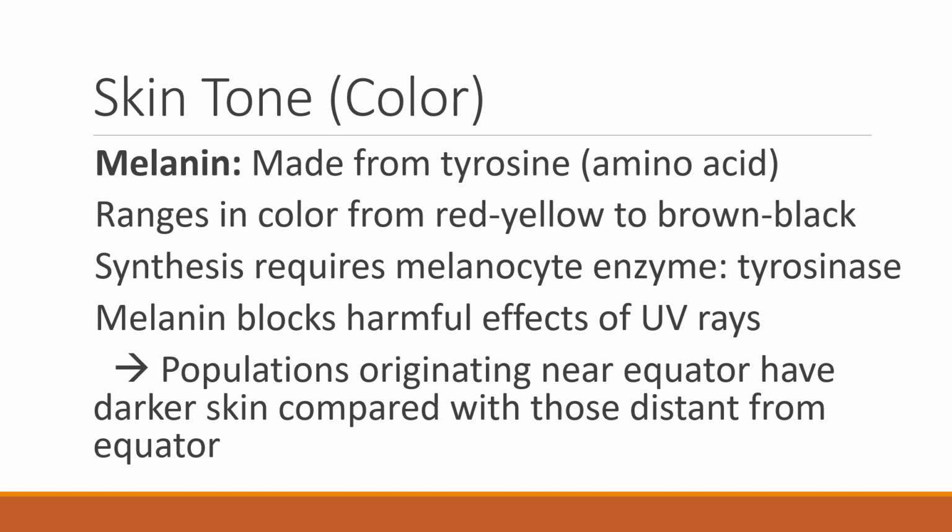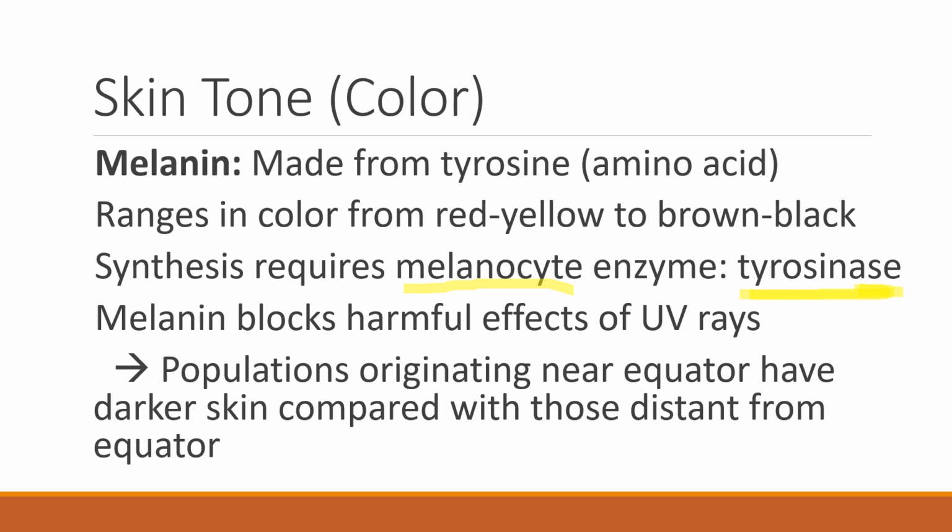Synthesis of melanin in the melanocyte, remember those melanocytes are at the basal layer of your epidermis, requires a specific enzyme called tyrosinase. Remember, ASE means it's an enzyme. So just a little fun fact for you. Tyrosinase is necessary for melanocyte production of melanin.